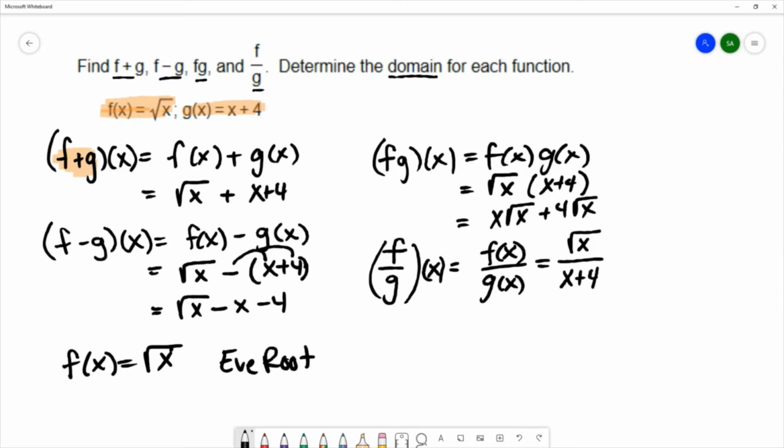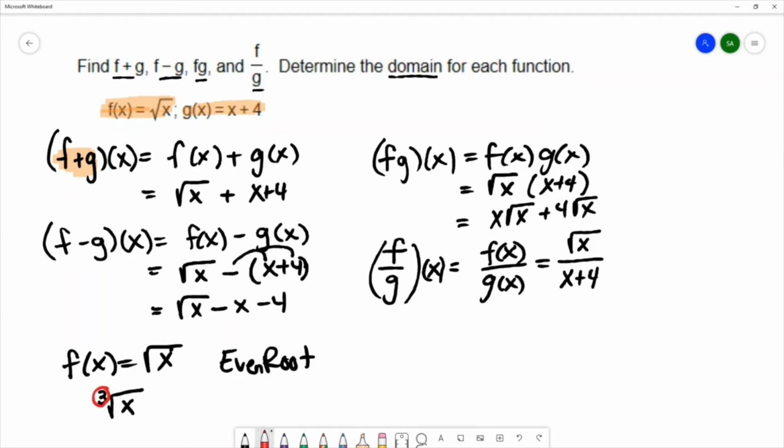So it's a root function because of the radical, and it's even because this is a square root. Even refers to the index on the radical. This is a square root, so that index is 2. And just as comparison, if you have a cube root, the index would be written right here on the left of the radical, and that's an odd index radical.